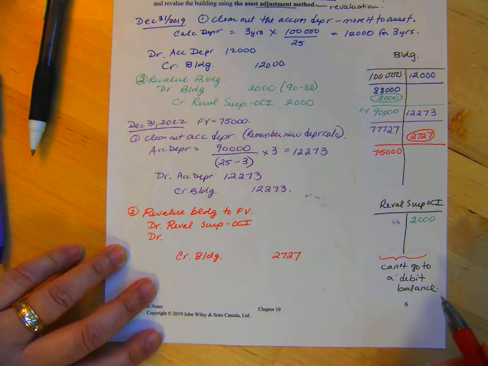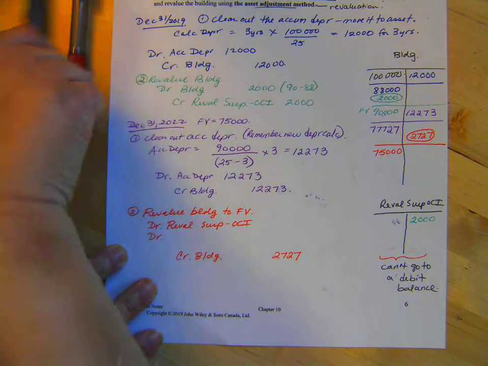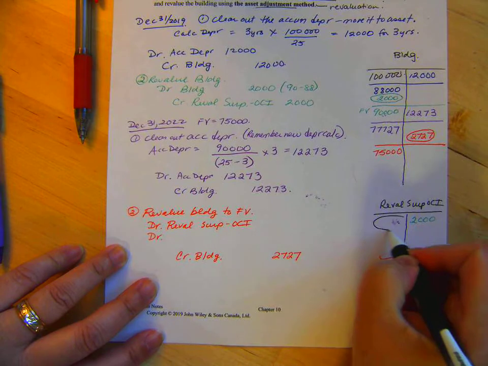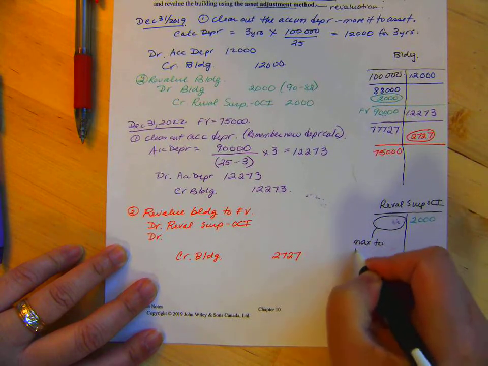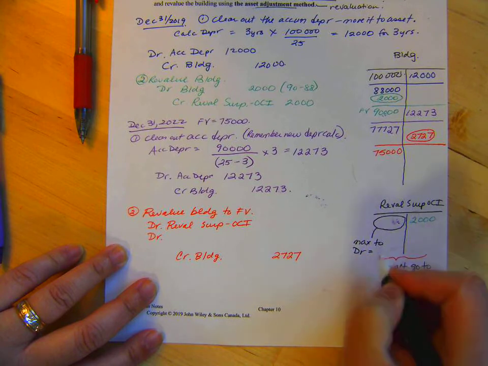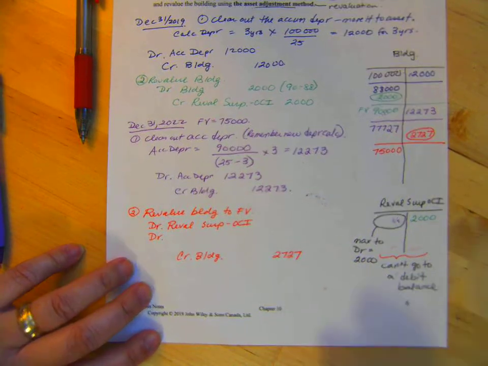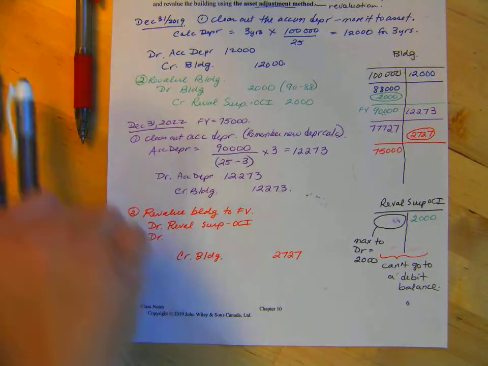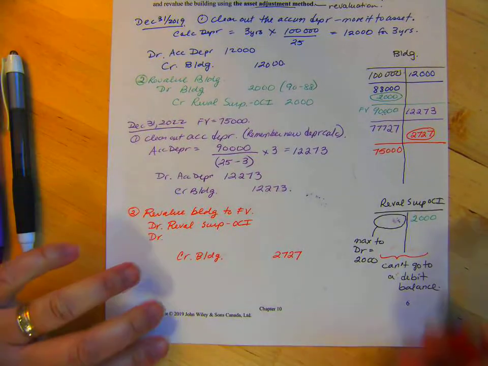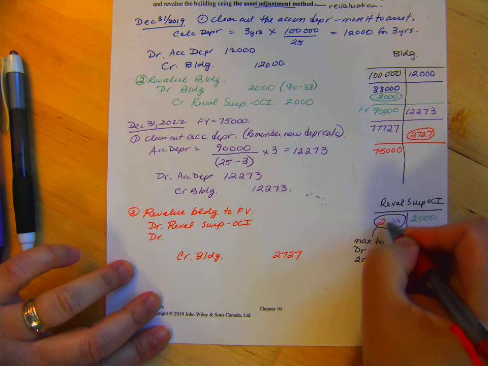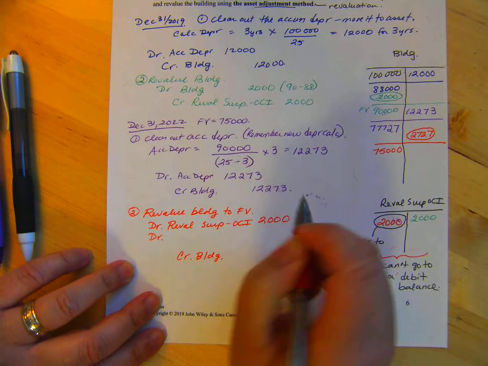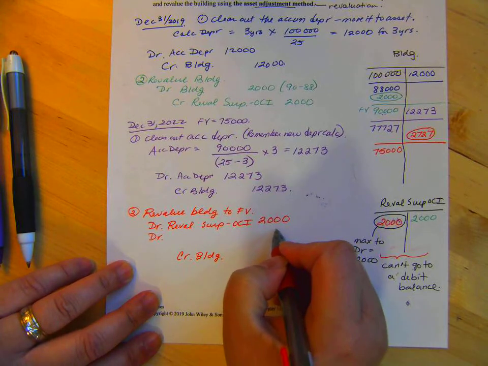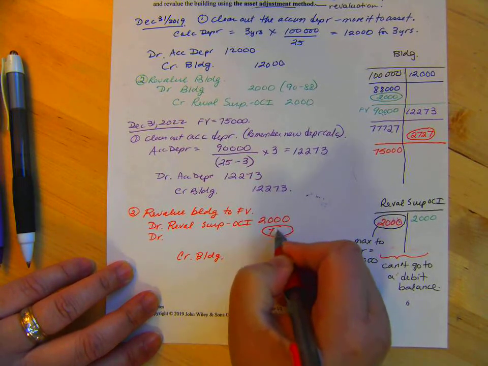So the max we can debit is 2,000. Then that'll bring it to 0 balance. Anything over 2,000 and I'll have a debit balance we can't add. So the max we can put is 2,000 here. But we're short then 727.